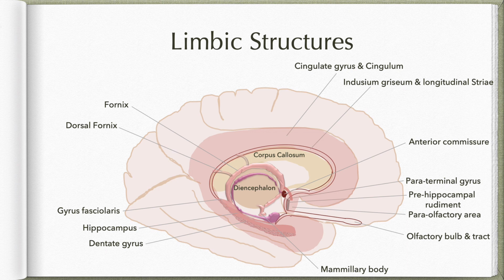Now the posterior end of this cingulate gyrus will continue with the temporal lobe as parahippocampal gyrus. Now the anterior end of this parahippocampal gyrus shows a part which is separated by the rhinal sulcus, that is named as uncus. We have seen these structures when we were studying the structures in temporal lobe.